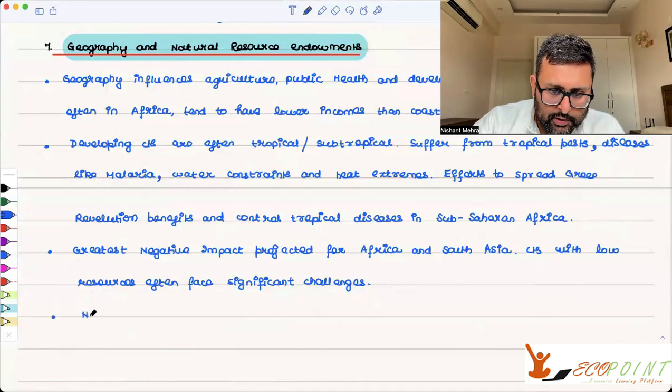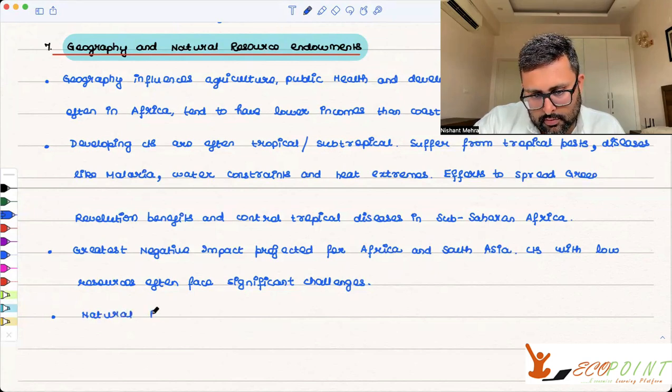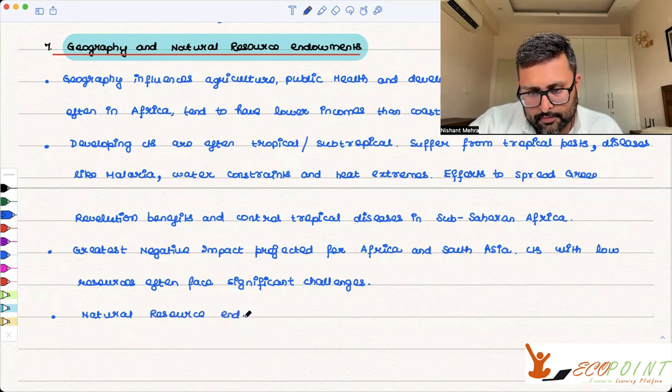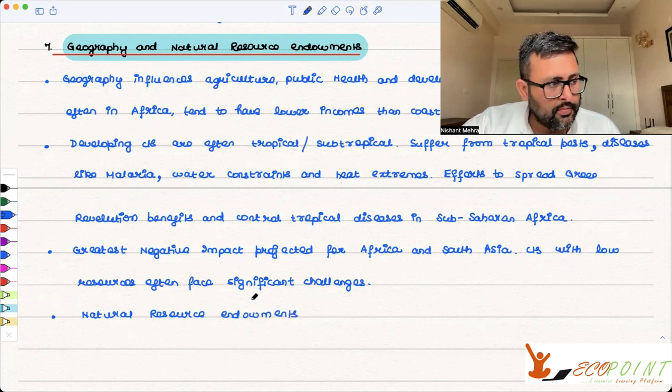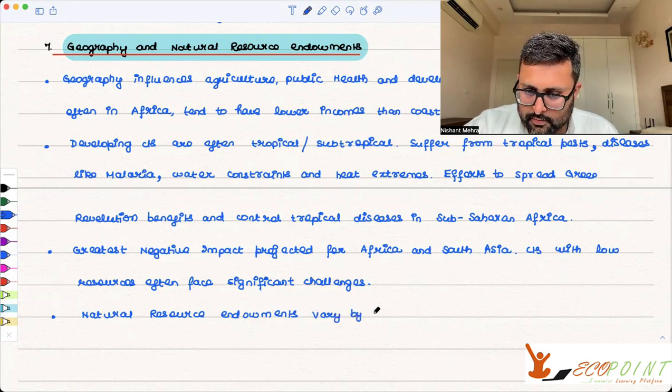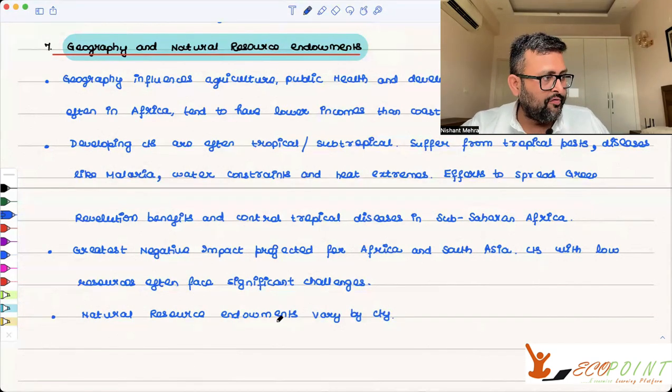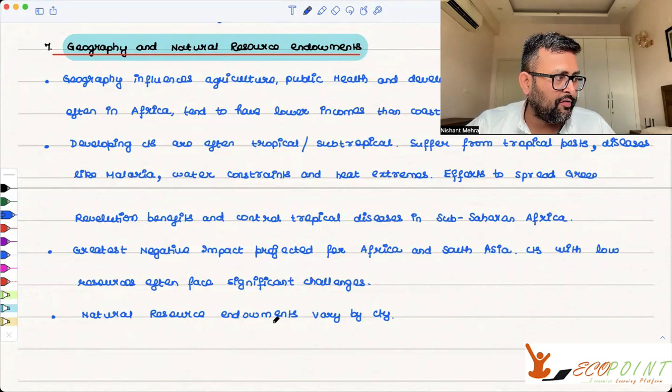Natural resource endowments vary by country. See, on the one hand, you have oil-rich countries, right?